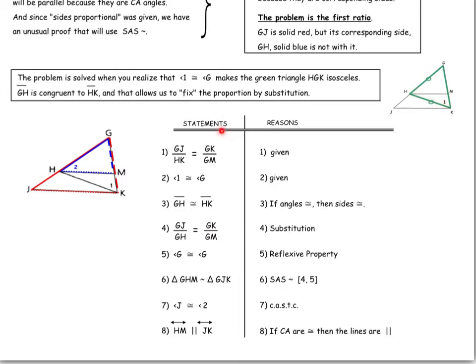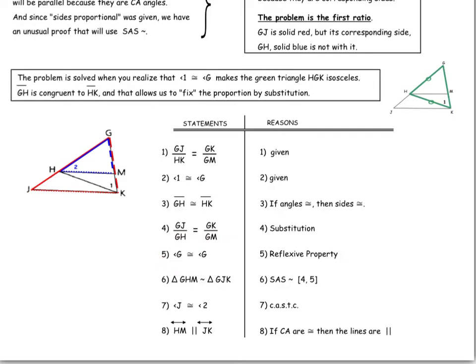Now all we have to do is rewrite this ratio a second time, except that HK is now out and GH is now in. We now have a ratio on the left and a ratio on the right of corresponding sides. All we have to do is find the angle in the middle, and we have SAS proportional. Of course, the angle in the middle is angle G is congruent to angle G, reflexive property.